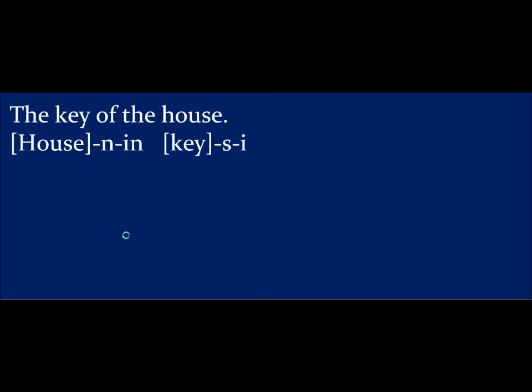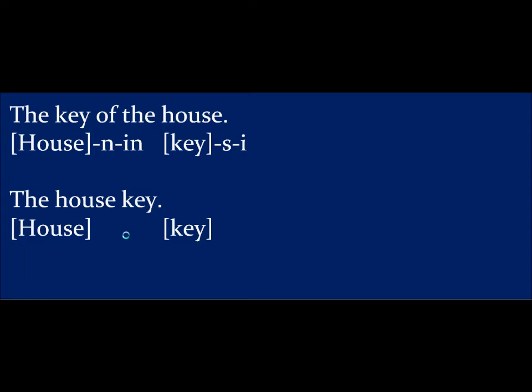Now this is the construction of the key of the house. If it is the house key, then we're gonna go with house and nothing because it's not definite, and we have the key again. It receives the regular thing.